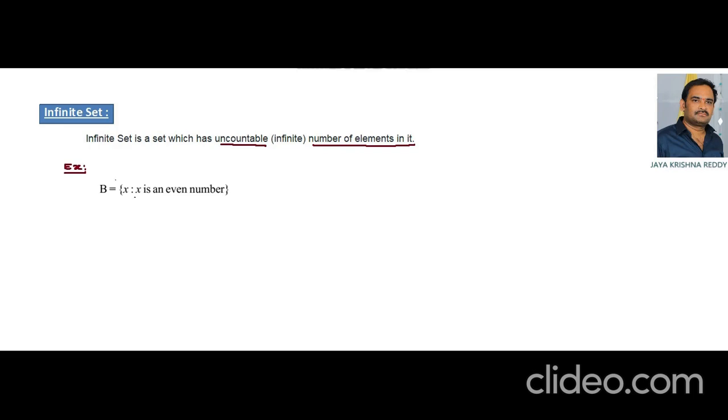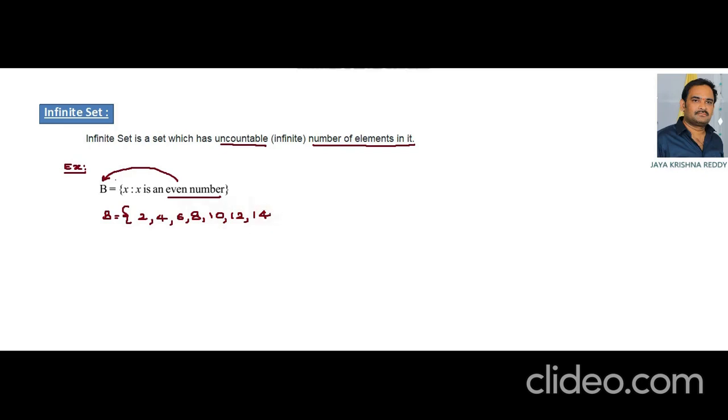Set B equals {x such that x is an even number}, means that set B is having all the even numbers. So let us write the even numbers. Even numbers means the numbers which are divisible by 2, means 2, 4, 6, 8, 10, 12, 14 like that.